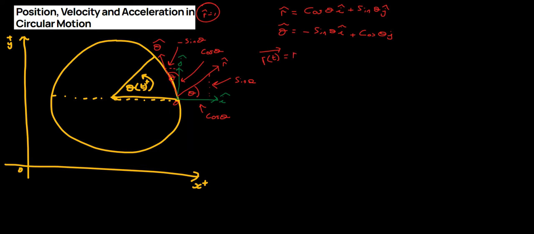We can have r cos theta, which is a function of time, and we're going to have, I'm going to remove the hat, and the squiggle underneath says that it's a vector, plus r sine theta, which is a function of t, j.